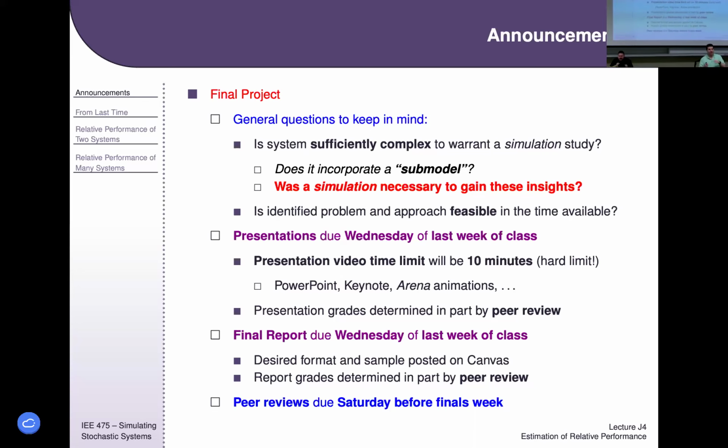But you do want to make sure that it's complex enough to warrant a simulation. If you find that the only input models you think you need are inter-arrival time and service times, you might be just simulating a queuing node. And if it's just a single queuing node, we don't really need a simulation for that. There's not really a lot of complexity there.